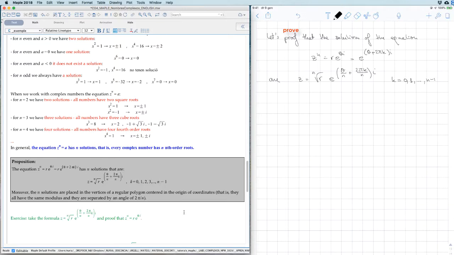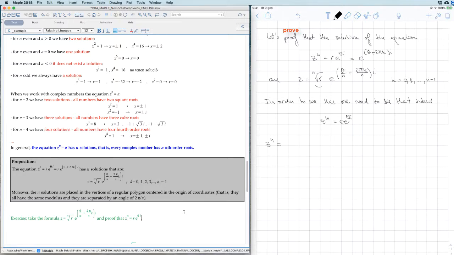Okay, so in order to see this, we need to see that indeed z to the power n is this one. So let's take the z that we were given and compute its power.